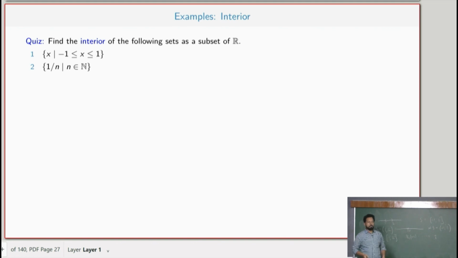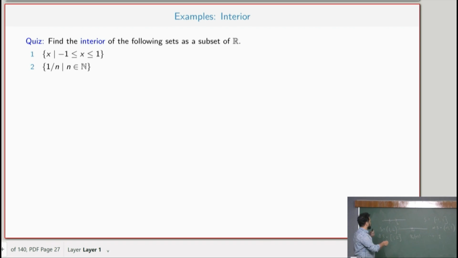Now with our definition of the open set, is this set open? We said for an open set, the interior of S is S itself, right? But this is not happening here. So we could also conclude that this is not an open set because the interior of the set is not matching with the original set S. Basically all the points here are the interior points of S. -1 and 1 are not interior points because you cannot find a ball around -1 or 1 such that the whole ball is inside, because some part will be outside.